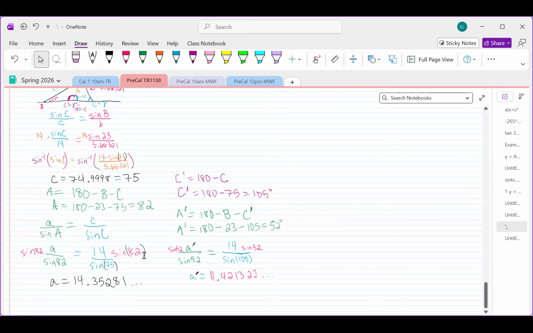It's not a negative number. But if we look at that, angle A was 82, it's bigger than 75. We shouldn't be getting a number smaller than 14. It should be bigger than 14 because the side opposite it is bigger. But yeah, that happens, but you were getting the angles correct, so you're doing the process right. It's just crunching on the calculator.